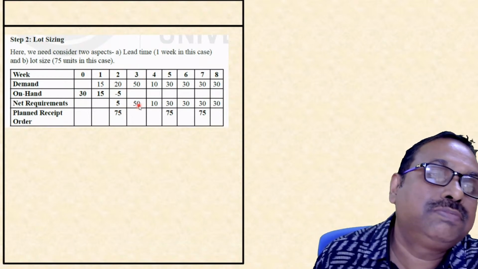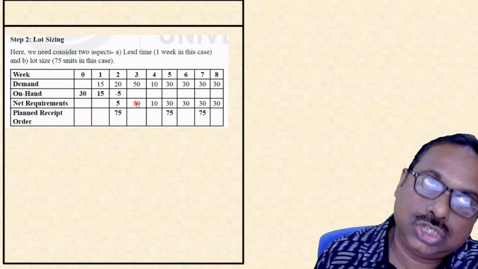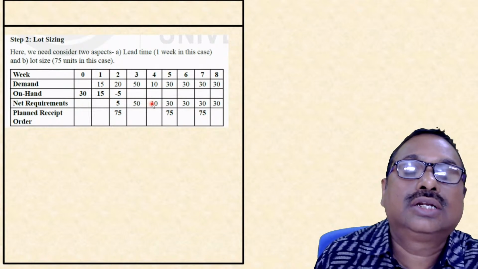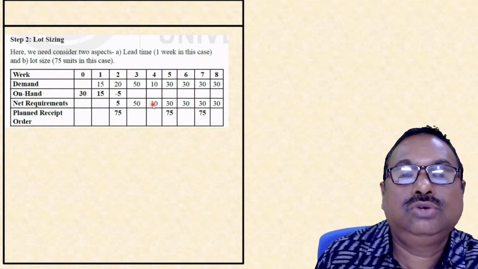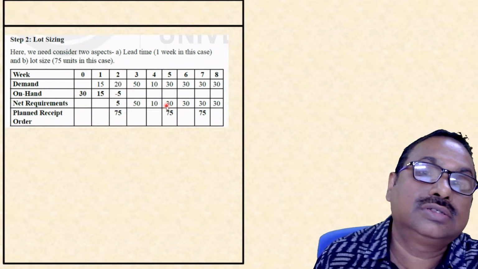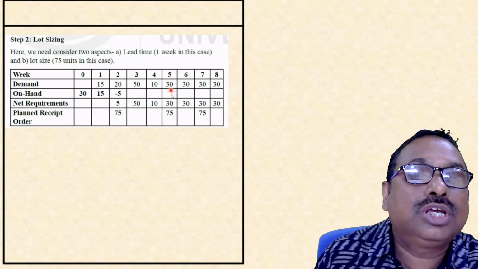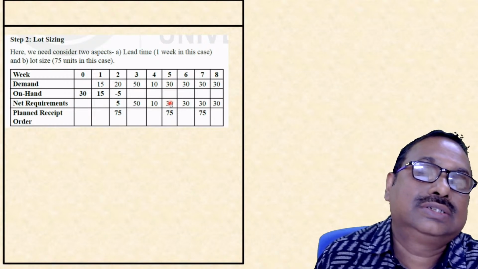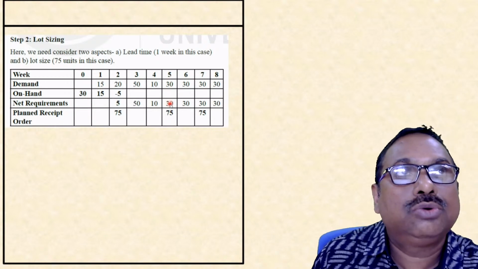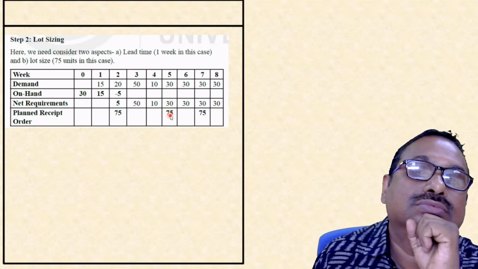Third week, 50 is the requirement. So 70 minus 50 is 20. So here minus 10, you have 10 here. Opening inventory, net requirement is 10. 10, but you require 30. So you want 75. Right?